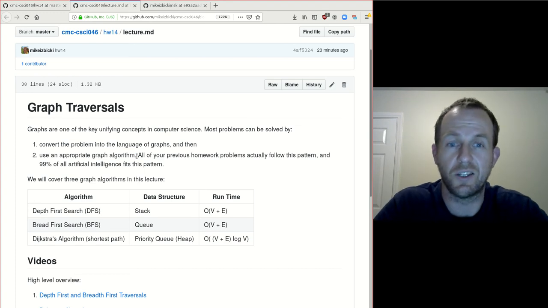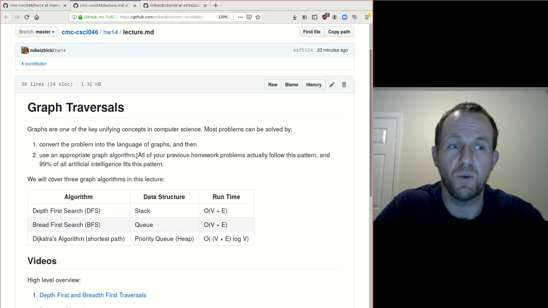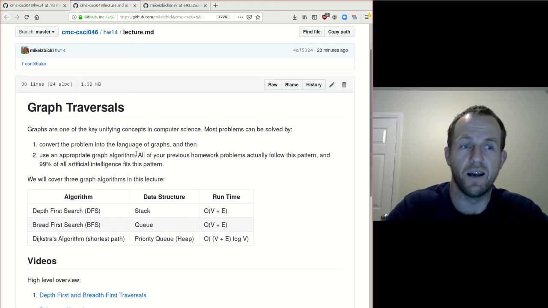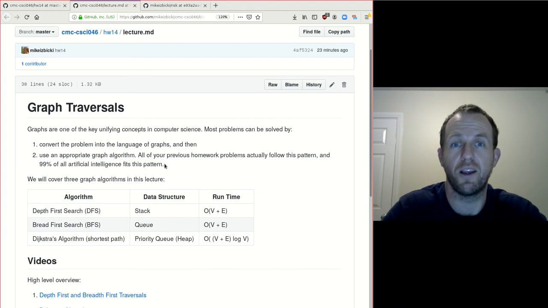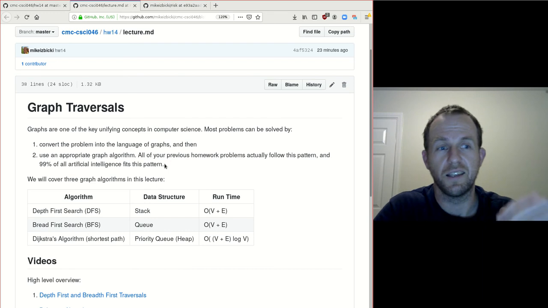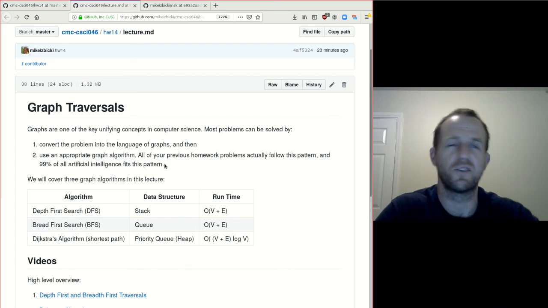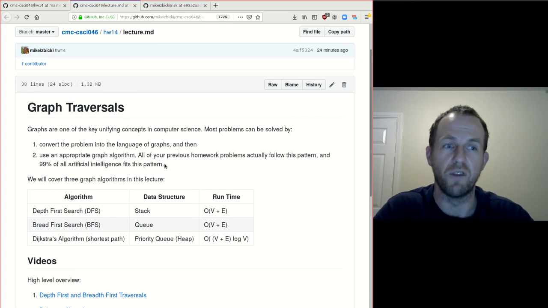And it'll turn out, as we will see, that most of your previous homework assignments actually follow this pattern of first thinking of the problem as a graph and then applying graph algorithms to it. It also turns out that Git is just a giant graph algorithm tool. All of these commits and pushing and pulling, all of those are just manipulations of what's called the underlying repo graph.